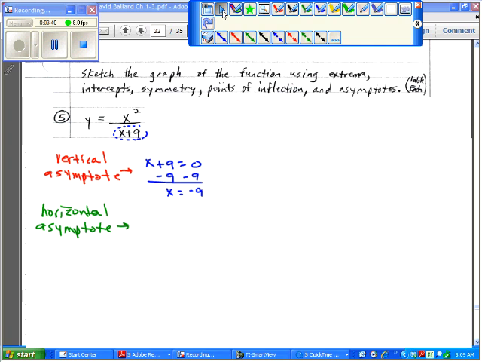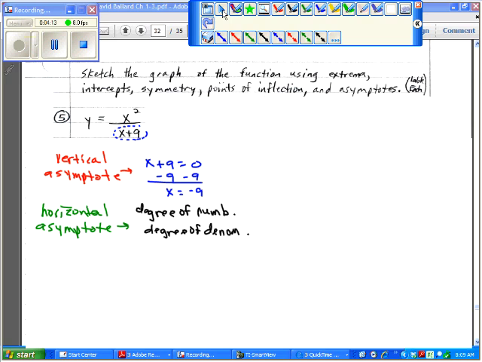How do we know if there's a horizontal asymptote? If the degree of the numerator versus the degree of the denominator, so we're going to compare the degree of the numerator to the degree of the denominator. I'm just going to write all this out so we'll have it in our notes. Okay?